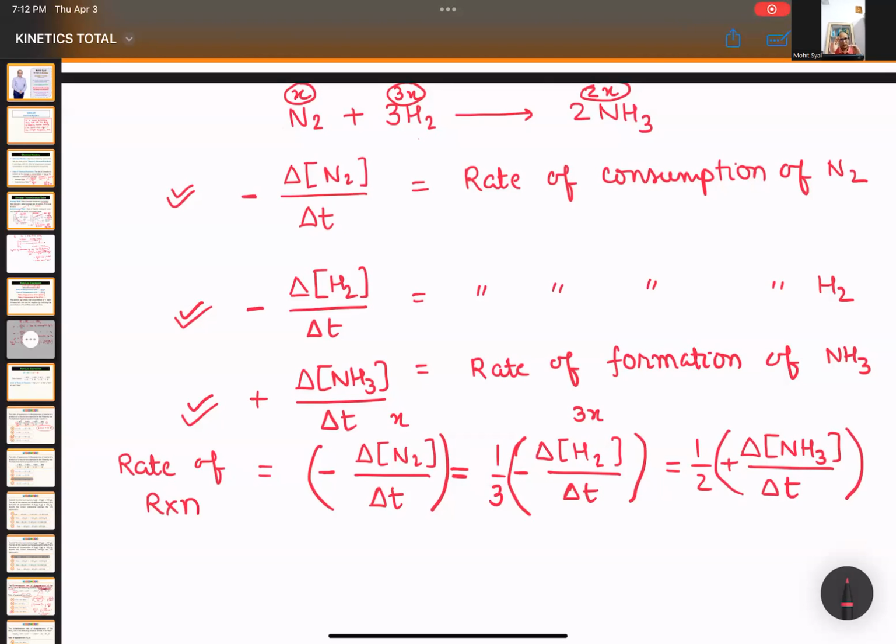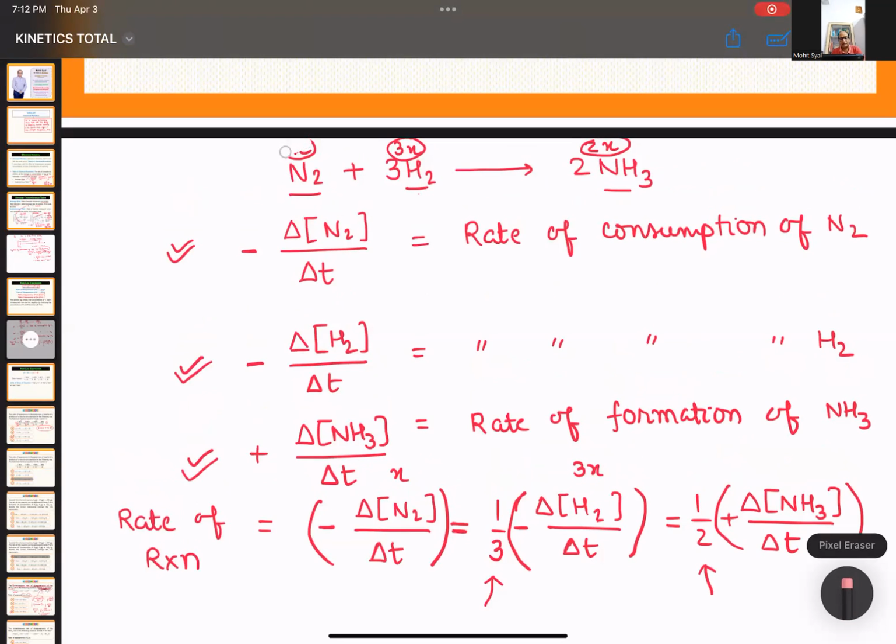So my conclusion is, there are rates of consumption and formation for each reactant and product. They may or may not be equal, but in order to make them equal, you divide each rate by the stoichiometric coefficient of that particular reactant or product in the balanced chemical equation.